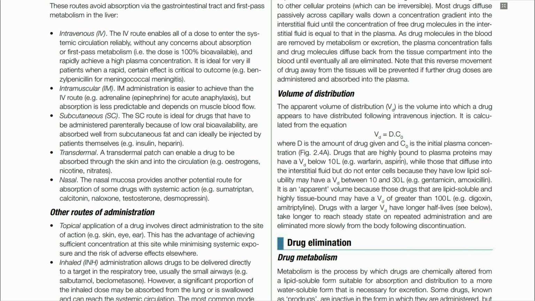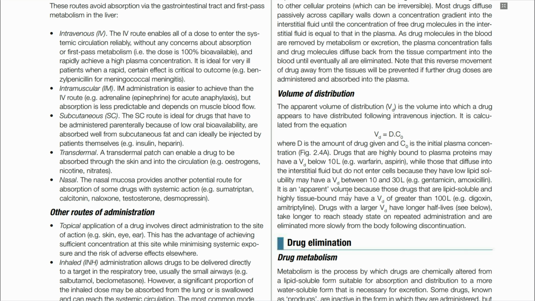Drugs that are highly bound to plasma proteins may have a VD below 10 liters, example warfarin, aspirin, while those that diffuse into the interstitial fluid but do not enter cells because they have low lipid solubility may have a VD between 10 and 30 liters, example gentamicin, amoxicillin.